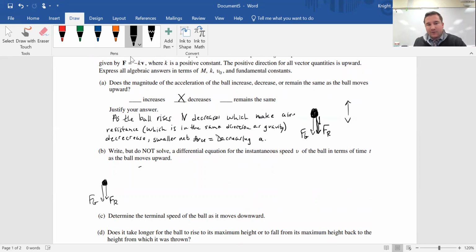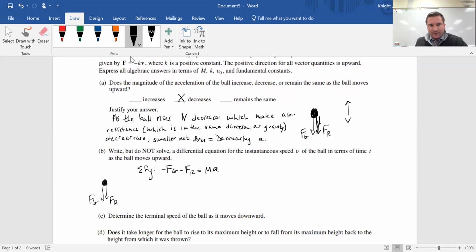If we sum the forces in the y direction, we'll get negative Fg minus Fr. The minus sign right here is going to take care of the minus sign there, so I want to be careful that I don't put two minus signs. The sum is going to equal the mass of the ball, m, times the ball's acceleration.